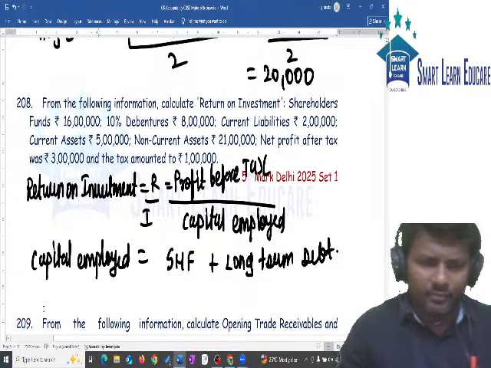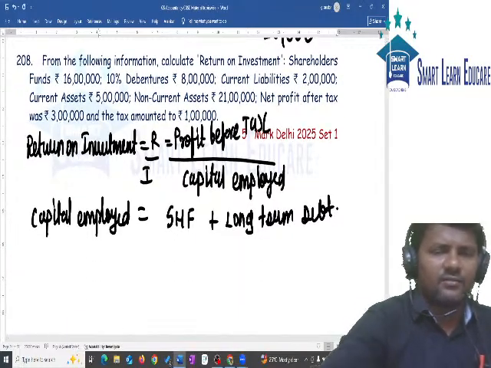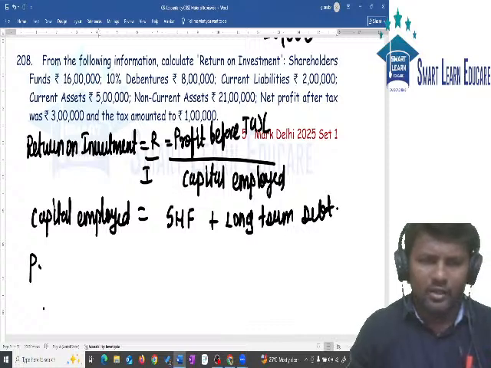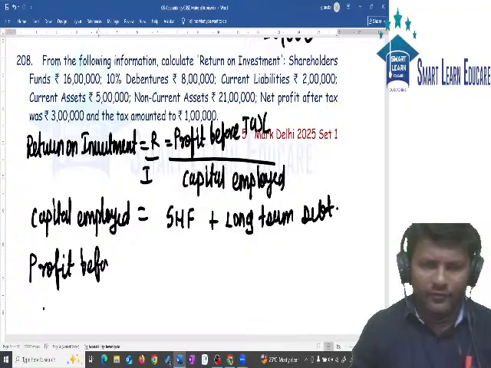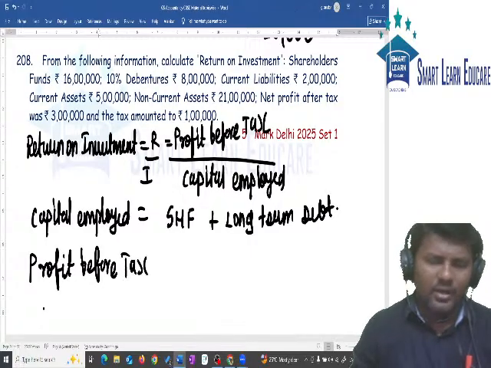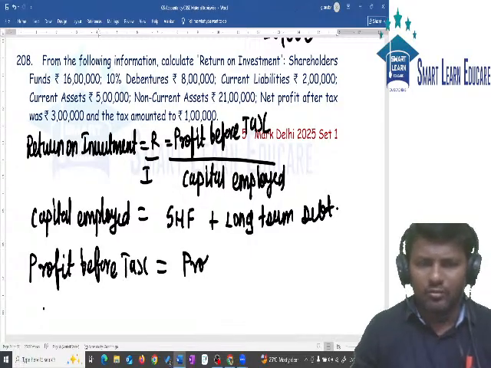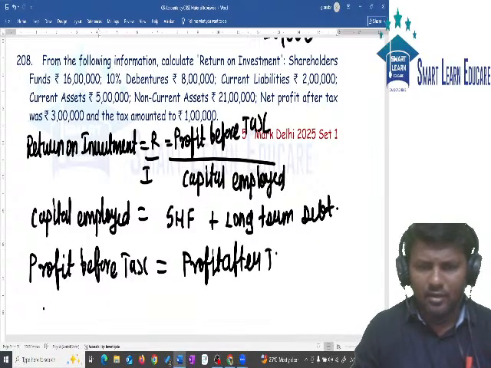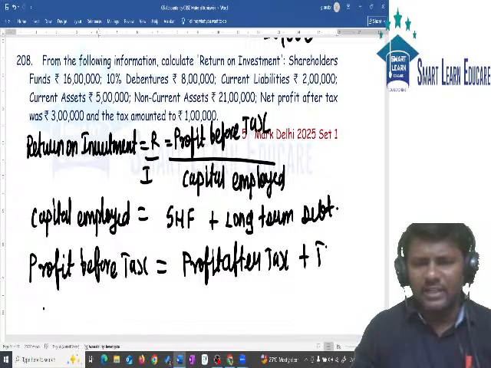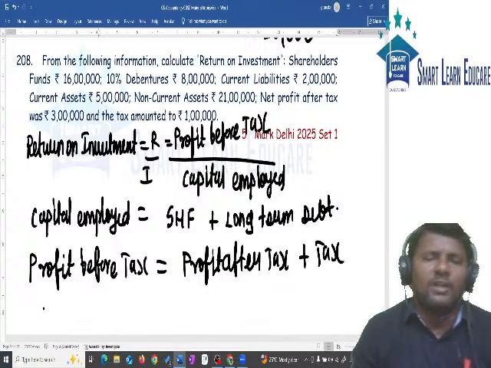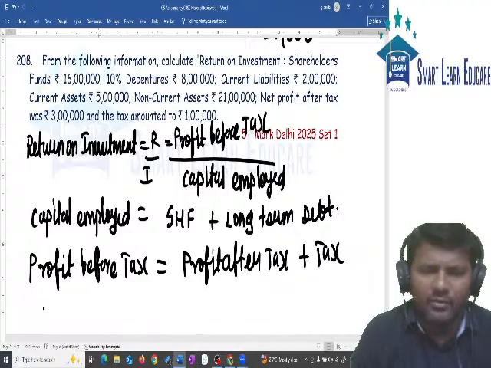What is profit before tax? Profit before tax is equal to profit after tax plus tax. Add back tax, and you will get profit before tax.